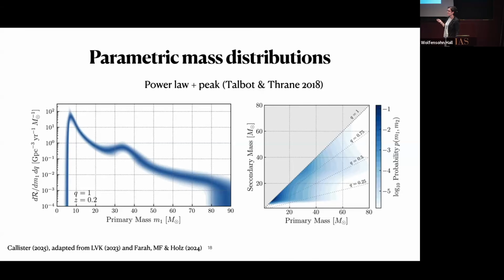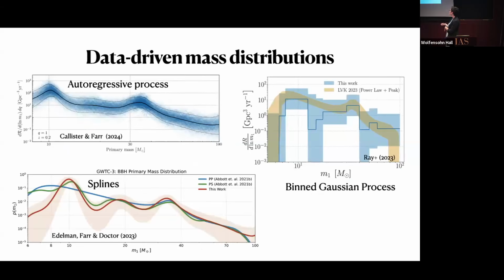So if you really want the most faithful fit to your population that will stand the test of time, you really need to go for these more data-driven, non-parametric methods.